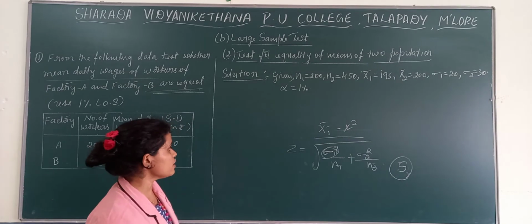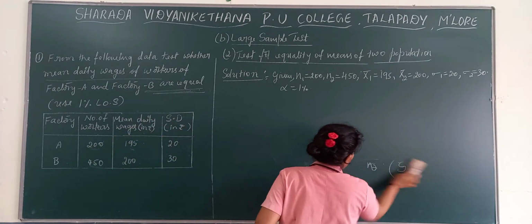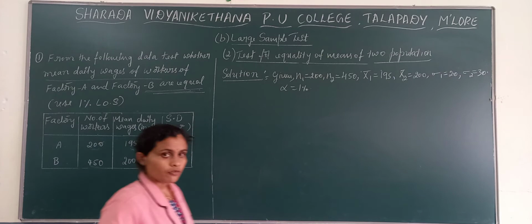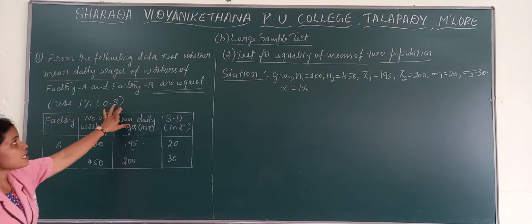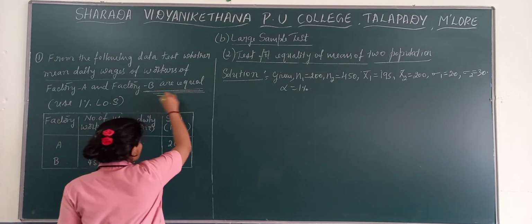Next, we need to write the null hypothesis and alternative hypothesis. We know that it is a two-tailed test since they have taken it as equal.